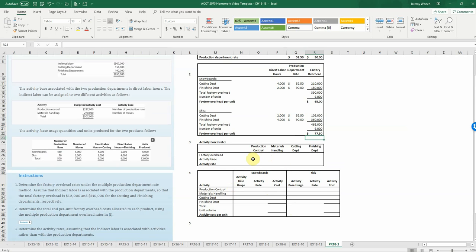The total overhead for the production control department right here is $237, for materials handling was $270. And then we also need to allocate costs from the cutting department up here, $156, and the finishing at $192.